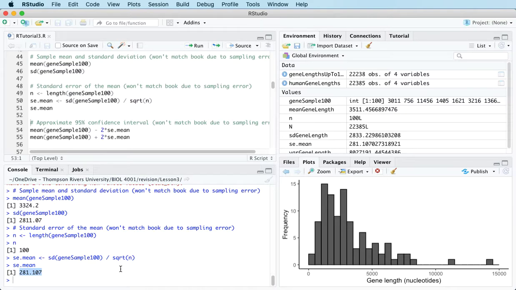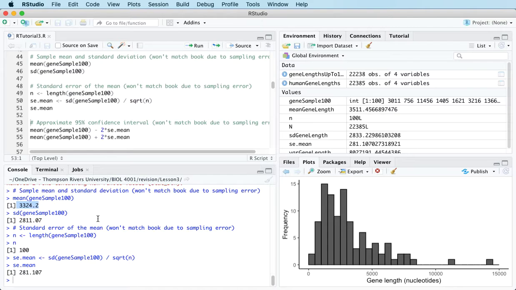Okay, and it gives me a sense of the accuracy of this number with respect to it estimating the population mean. So this is one part of understanding how to quantify the uncertainty that's inherent in this estimate of the population parameter.